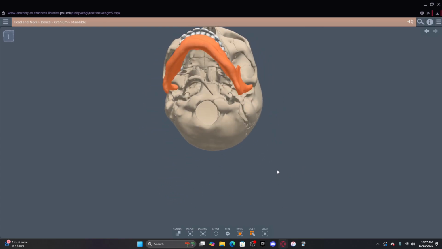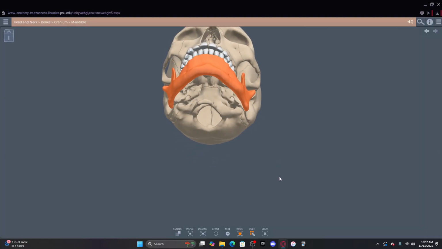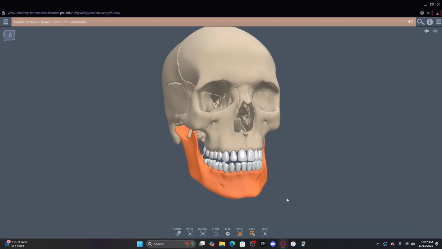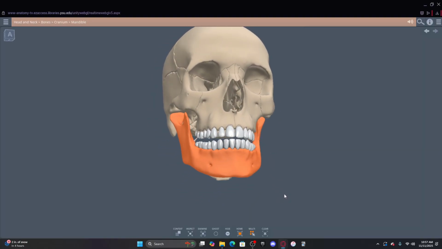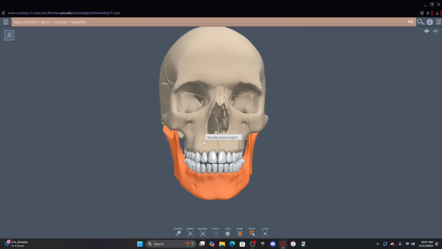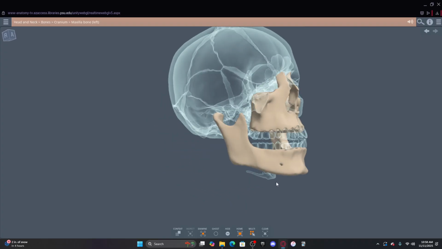So mandible is your jaw, and comprising the top of your mouth, or your top teeth, the bones that are connected to your top teeth, you have your maxilla. So mandible, maxilla.